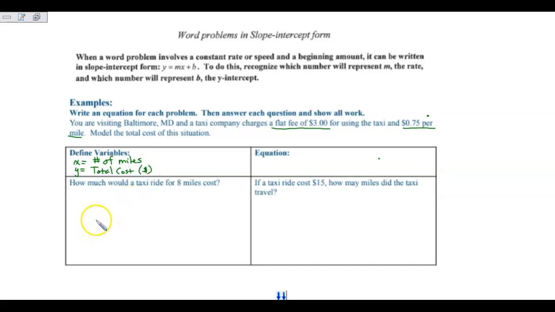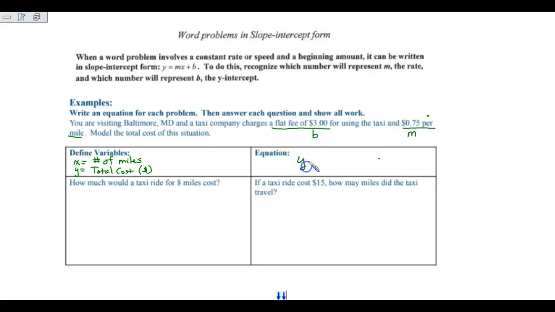Okay? So now we figured out what our y and our x is going to be, and now we can put it together in an equation. Because I know that this is my initial, this is going to be my b. And because I'm multiplying this times every mile, this is my rate. And so this is going to be my slope.